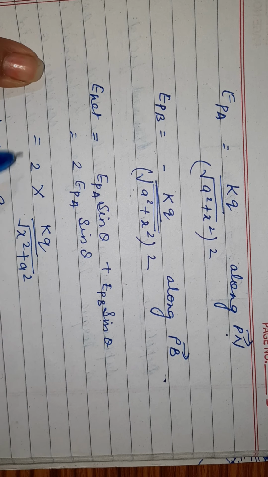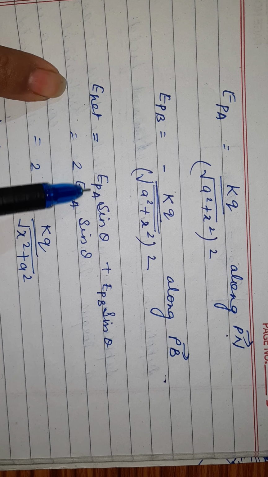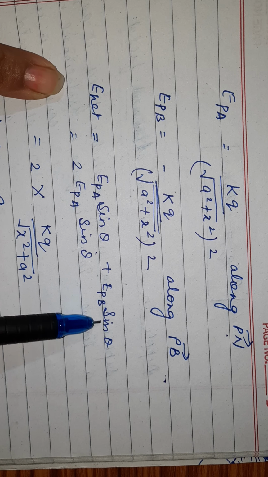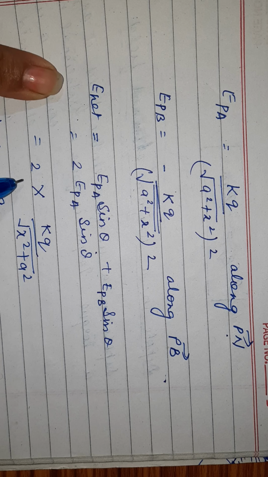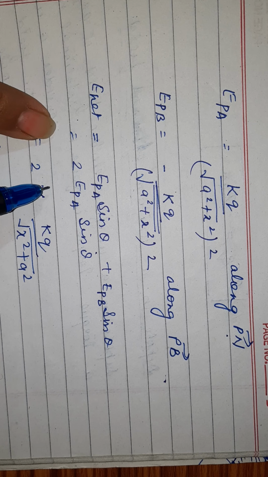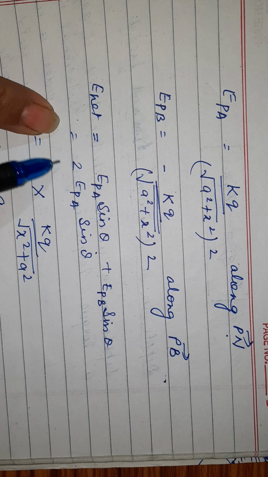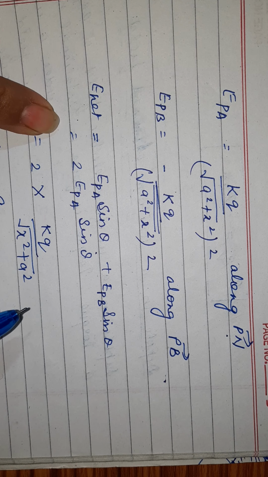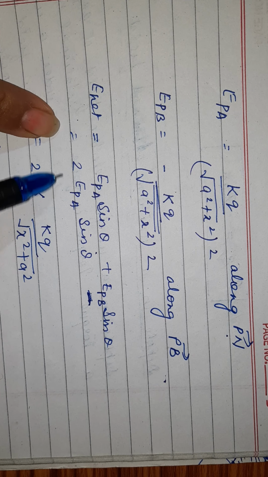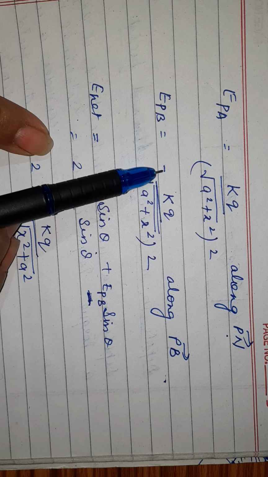So net electric field will be EPA sin theta plus EPB sin theta. So it is nothing but 2 EPA sin theta.